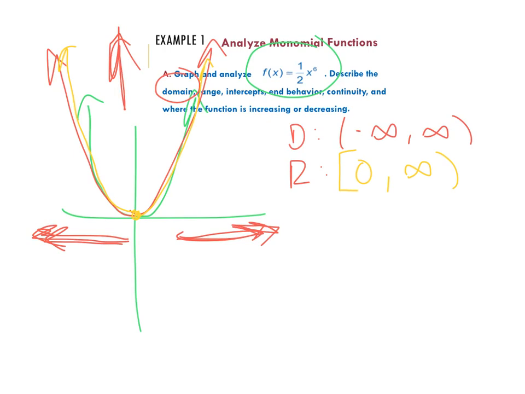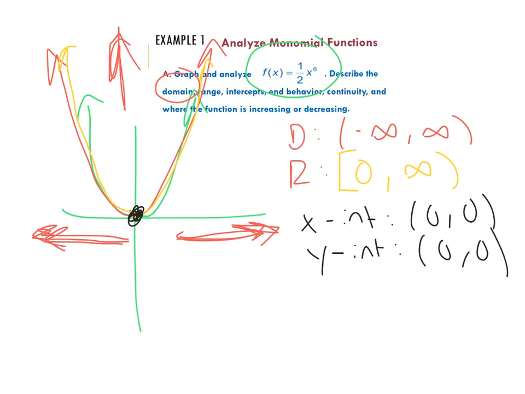Let's take a look at intercepts. X-intercept, y-intercept. If you notice the graph, both those happen right here at the origin. So my x-intercept would be 0, 0, and my y-intercept is going to be 0, 0.